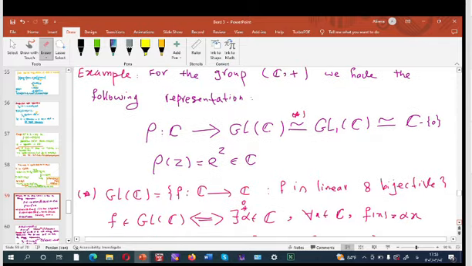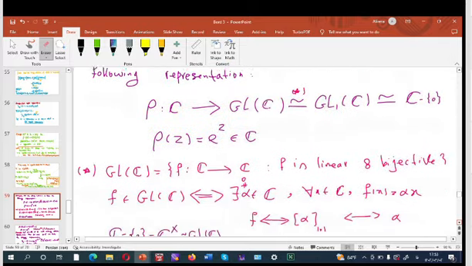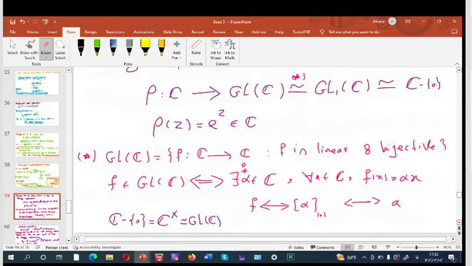So F is an element of GL of C if and only if there exists a non-zero element alpha in complex numbers such that F has this function rule.